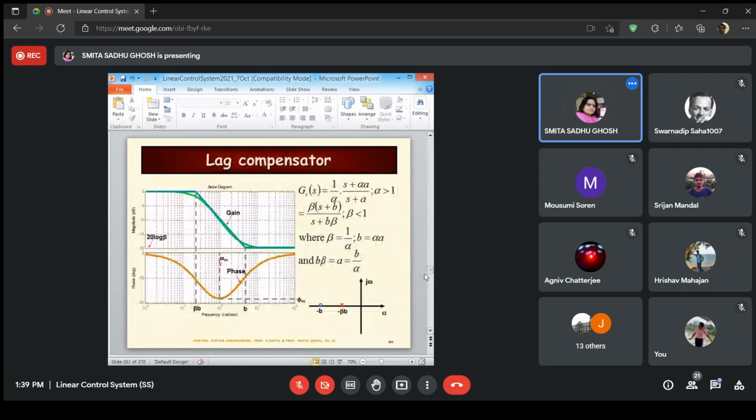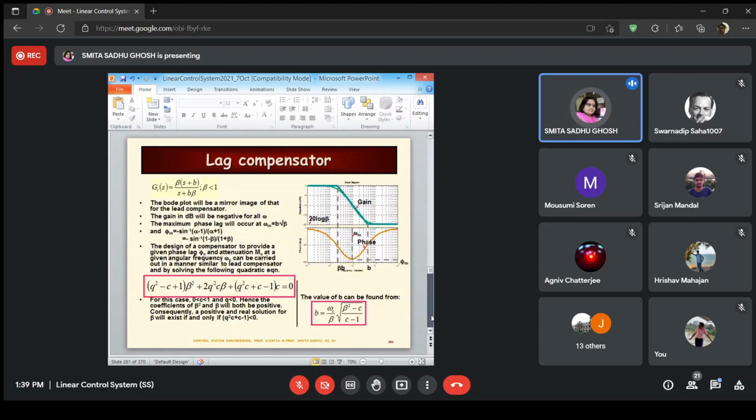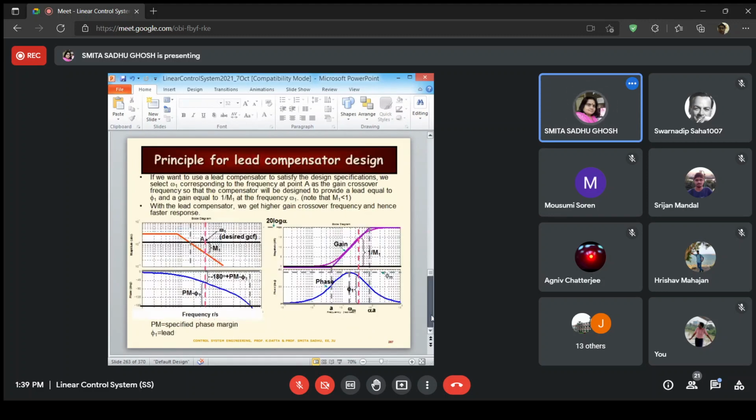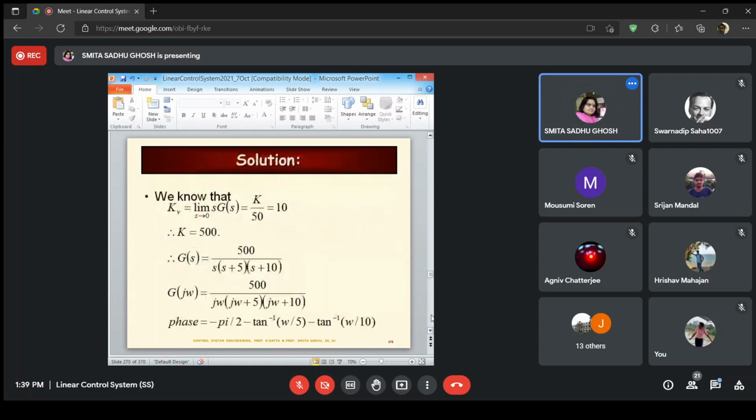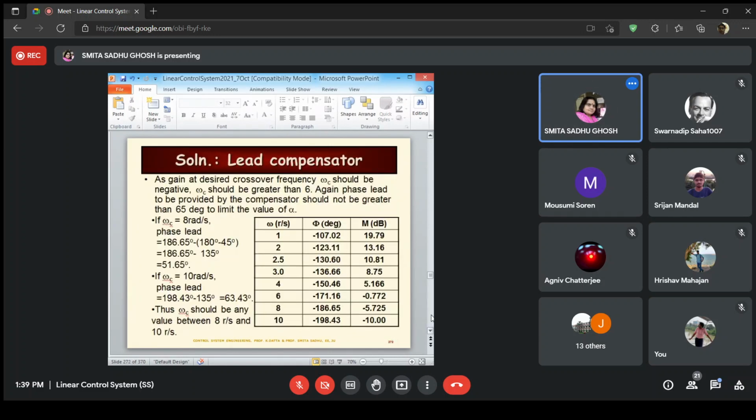Once you get beta and b, your compensator is going to be given by beta into s plus b by s plus beta b. So beta and b being found out, you will be able to find out Gc(s). Sorry for switching slides, but so this is the lead compensator.